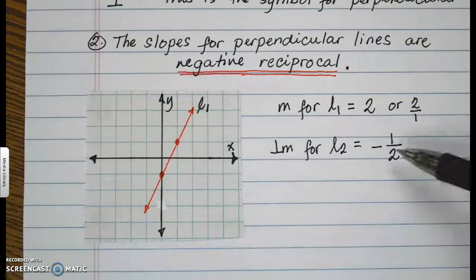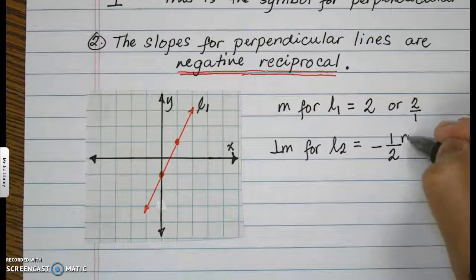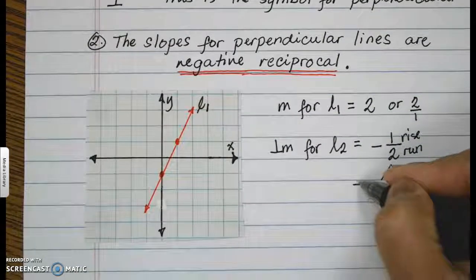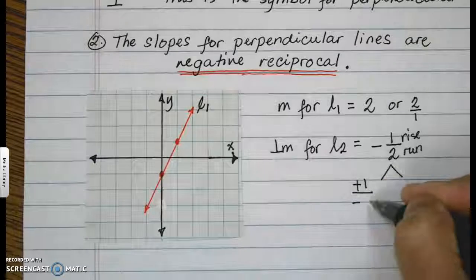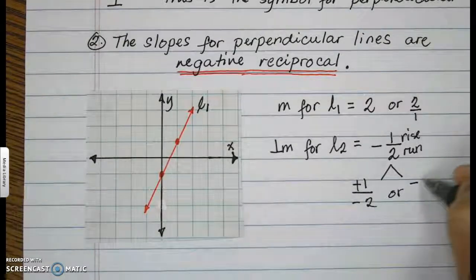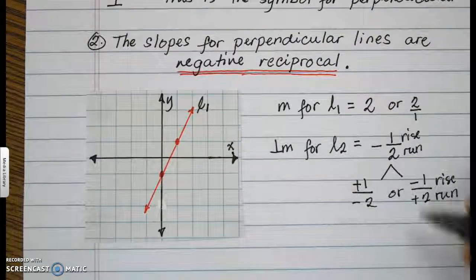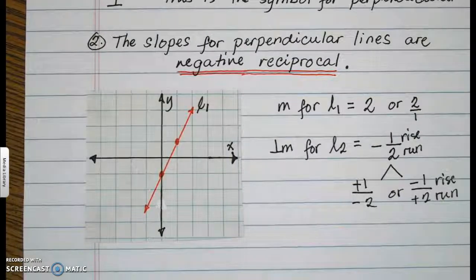A slope of -1/2, which is rise over run, has two meanings. It can be +1 over -2 or -1 over +2. In this case, it's the rise over run, and it will give you the same answer. So let us try to graph this.